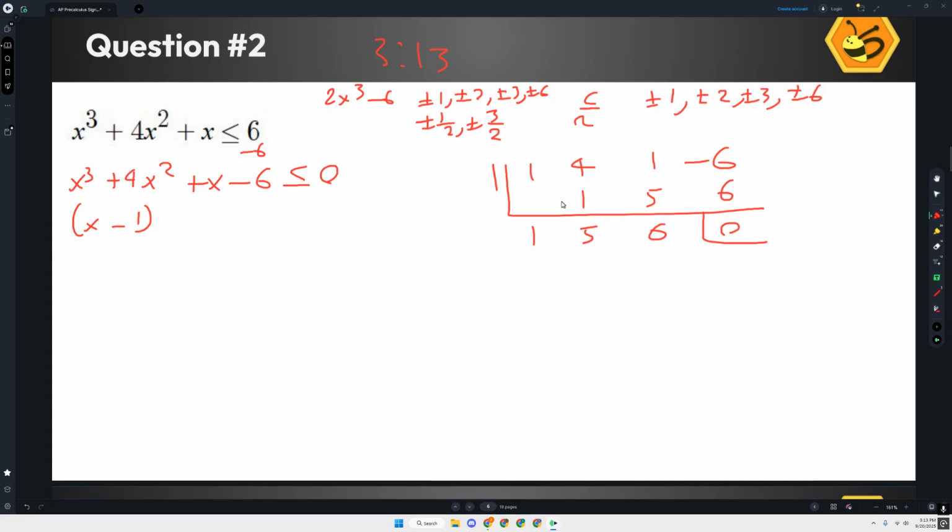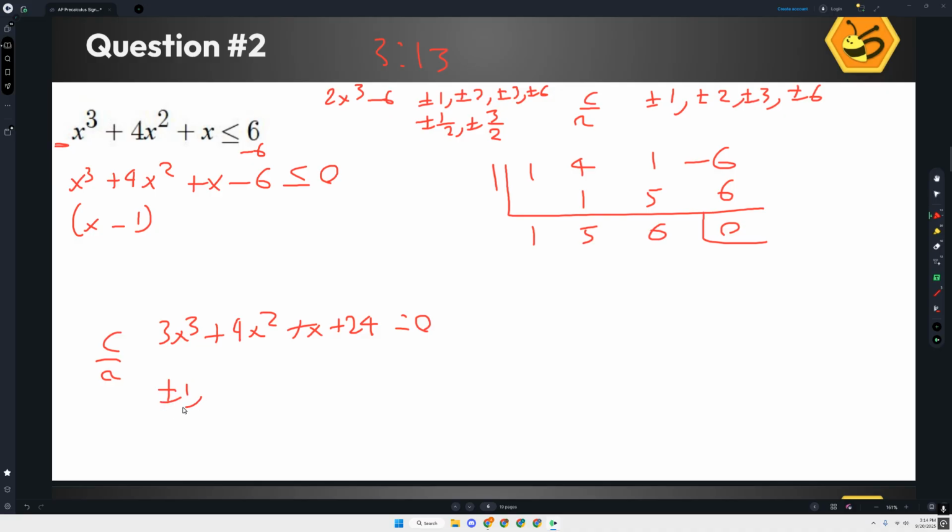So that's pretty much how you do that. How are you getting the divisors? So pretty much you find the divisors by the c over a. So it's called c over a. So c is your constant and a is the value in front of your biggest power. So if we had 3x to the third plus 4x squared plus x plus 24 equals 0, we would have all the values of 24.